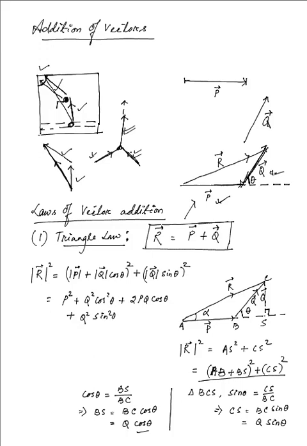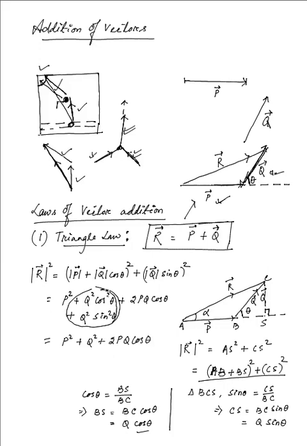Now if you know trigonometry, then Q squared cos squared theta added to Q squared sine squared theta just gives me Q squared, because Q squared can be taken common, and sine squared theta plus cos squared theta is 1. So I have P squared plus Q squared plus 2PQ cos theta.